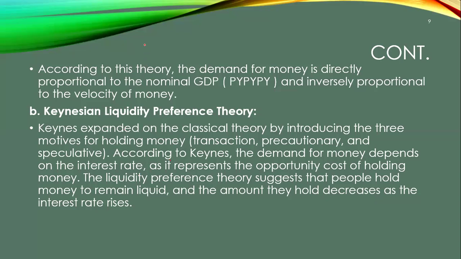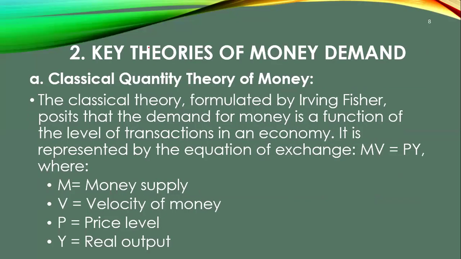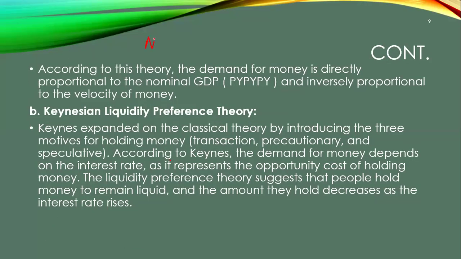We're saying the demand for money, in other words, MV is equal to PY. What do we mean by saying that the demand for money is directly proportional to the GDP? When we talk about the GDP, this is the same as the Y. That is what we are trying to mean.